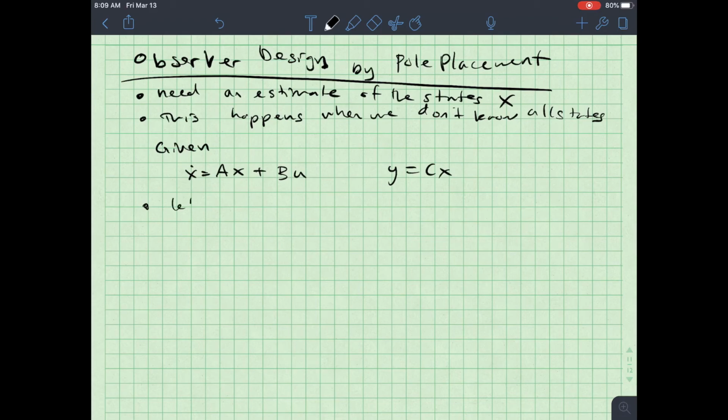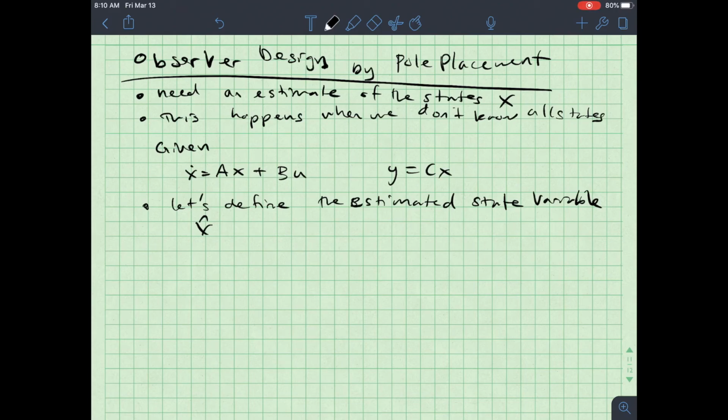So let's define the estimated state variable, X hat.